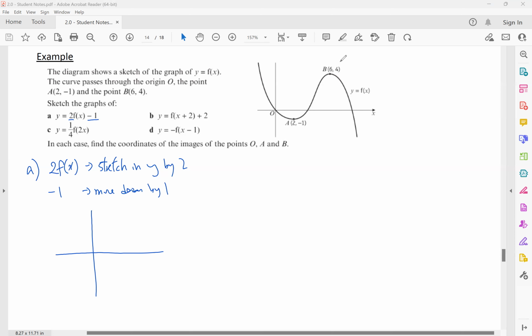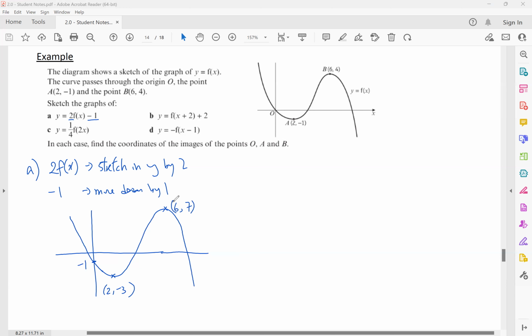And then you have to move down by 1 as well. So therefore, the final answer would look like (0, -1), (2, -3), (6, 7). So these points, that's (0, -1), that point is (2, -3), and that point is (6, 7), because 4 times 2 is 8, minus 1 is 7.